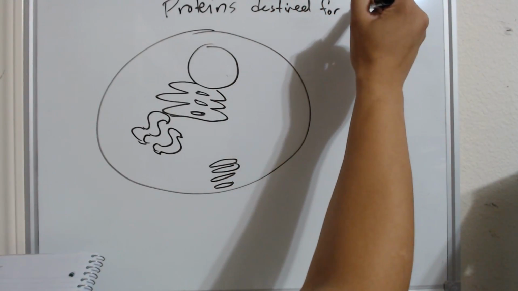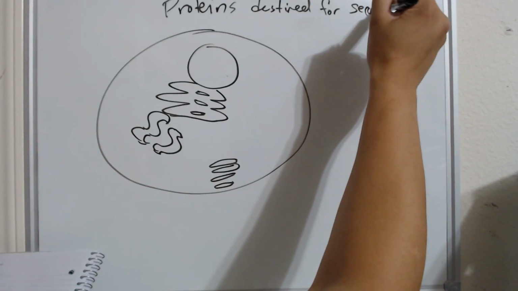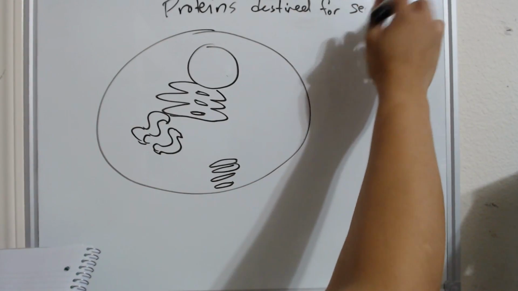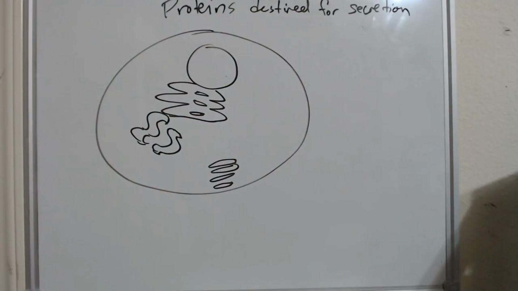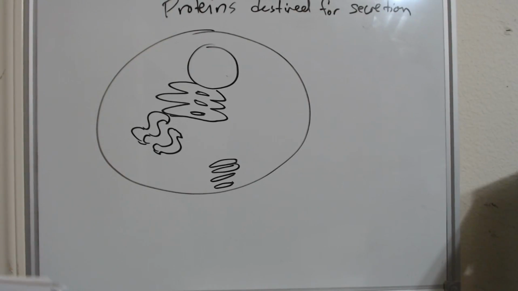So proteins destined for secretion will go into a vesicle, and the vesicle will spit it out.